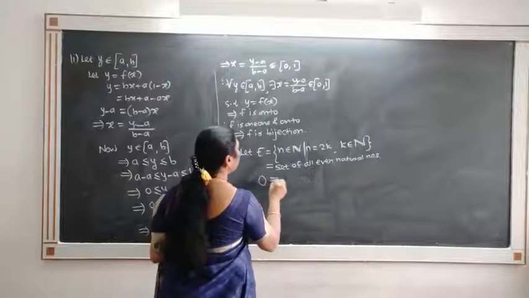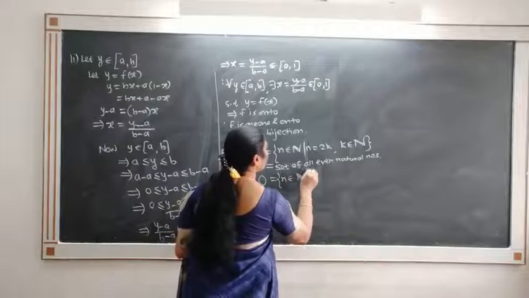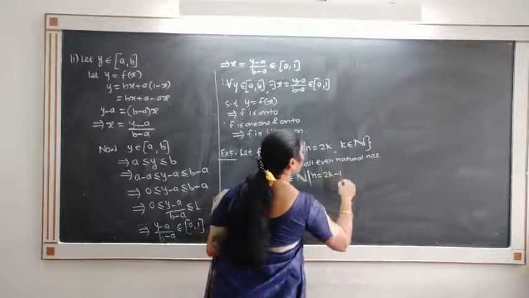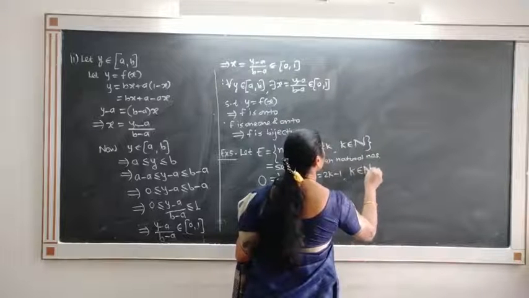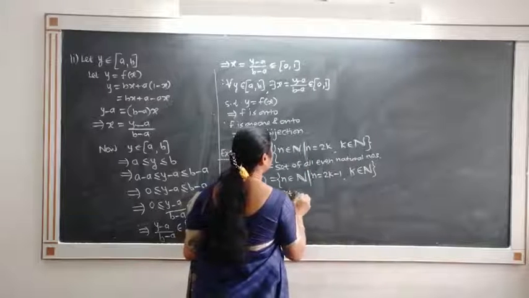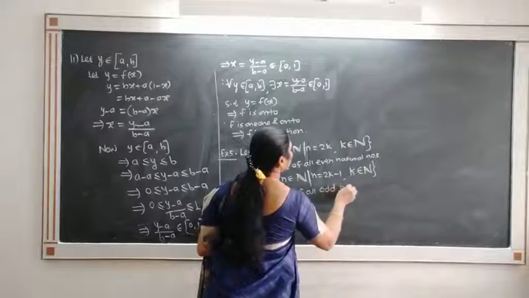And suppose O denotes the set of all n belonging to N, that is the set of natural numbers, such that n is equal to 2k minus 1, where k belongs to N. That is the set of all odd natural numbers.